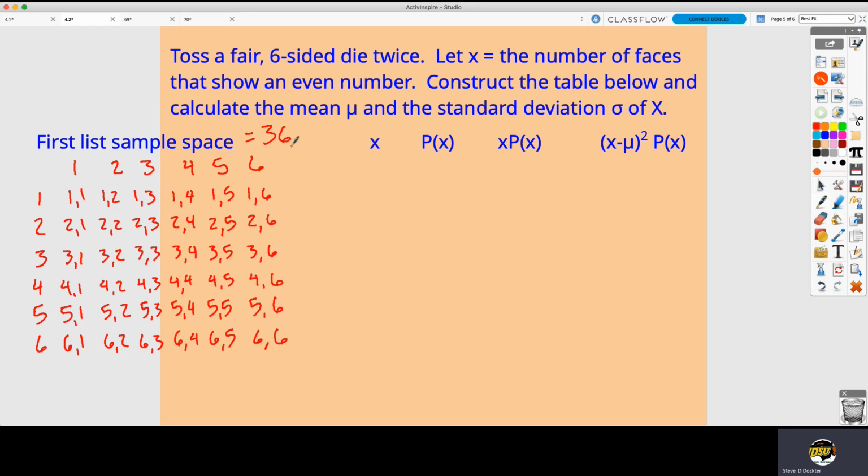Now X stands for the number of faces that show an even number. So in this situation, what are our possible X values? The number of faces that show an even number. It's not 2, 4, 6. Good try, Max.